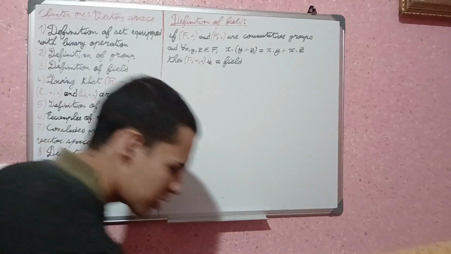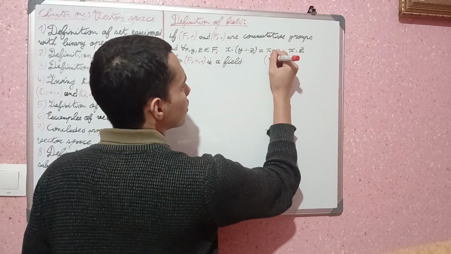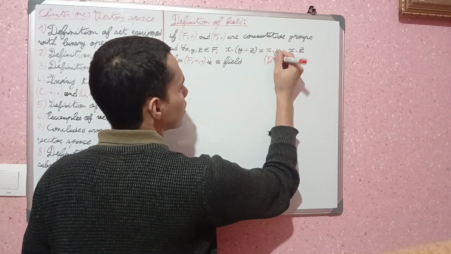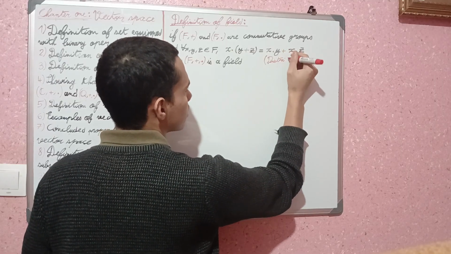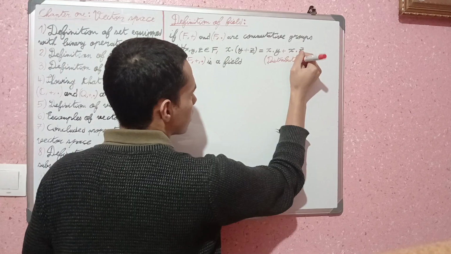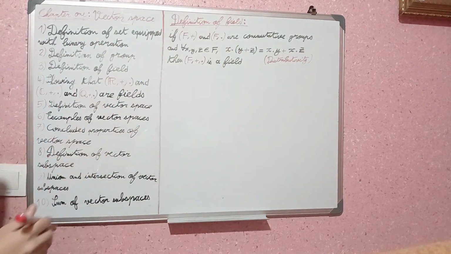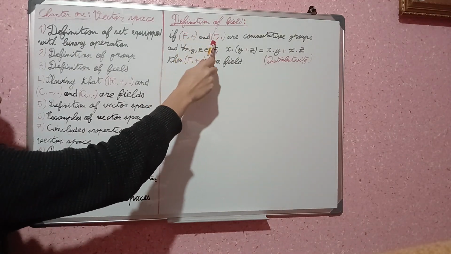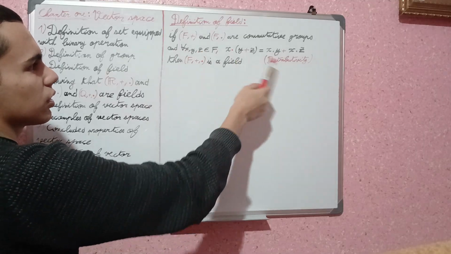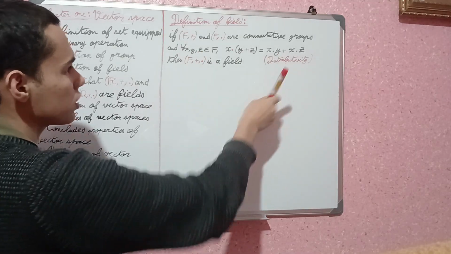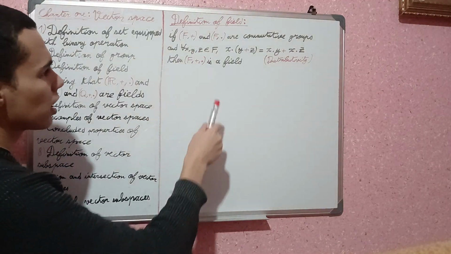This is the distributivity property. If we have these two properties, that these two sets are commutative groups and distributivity holds, then F with plus and dot is a field.